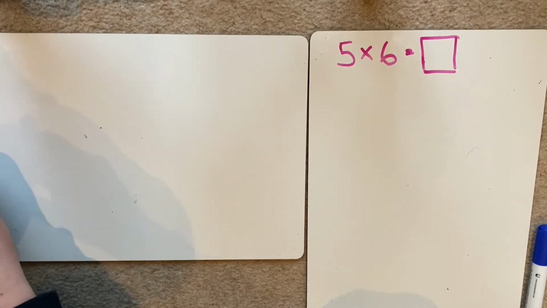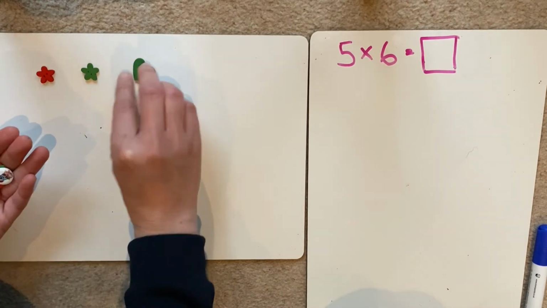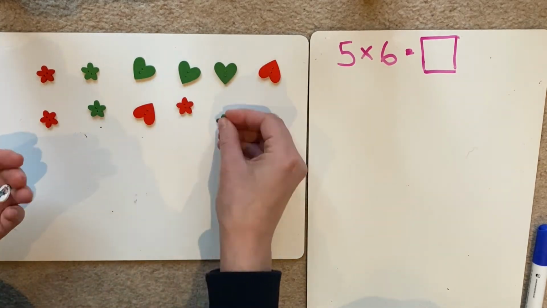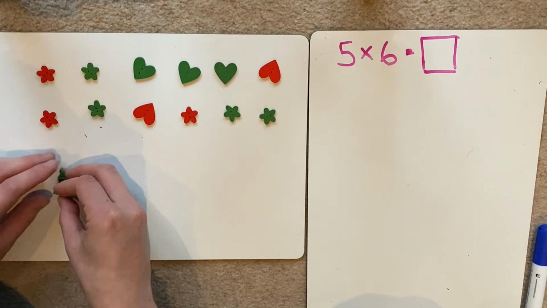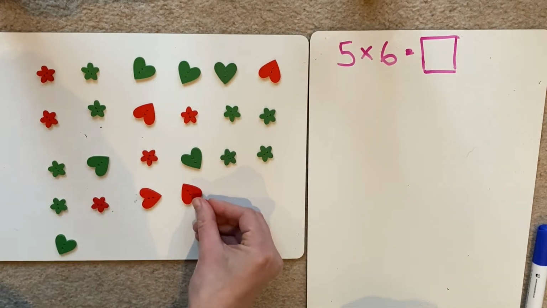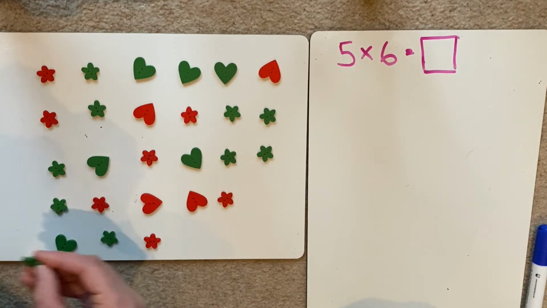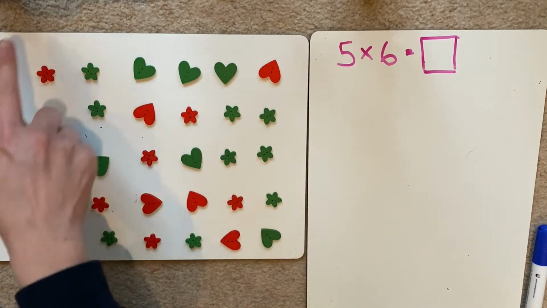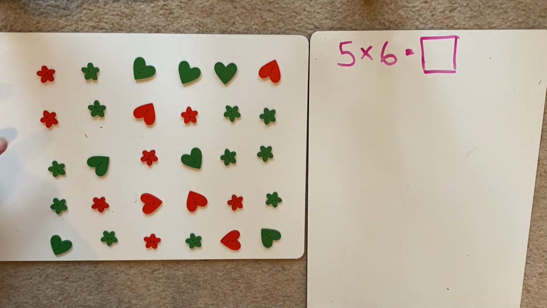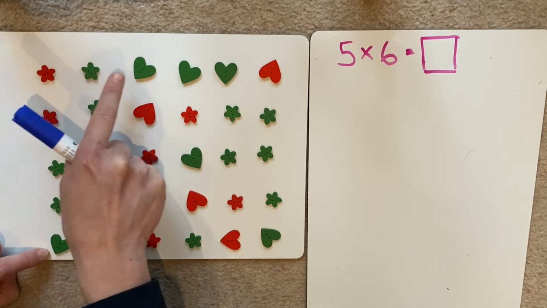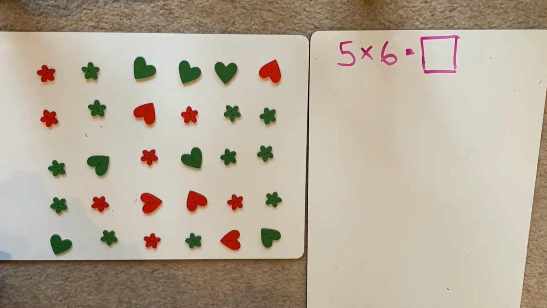I'm going to set my array out. So here's my array. I've got 1, 2, 3, 4, 5 rows, and 1, 2, 3, 4, 5, 6 in each row.